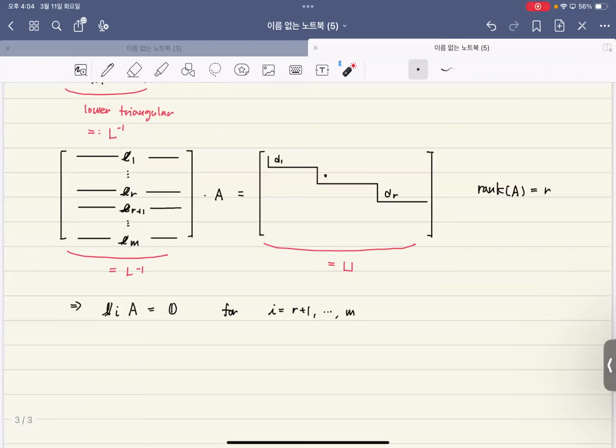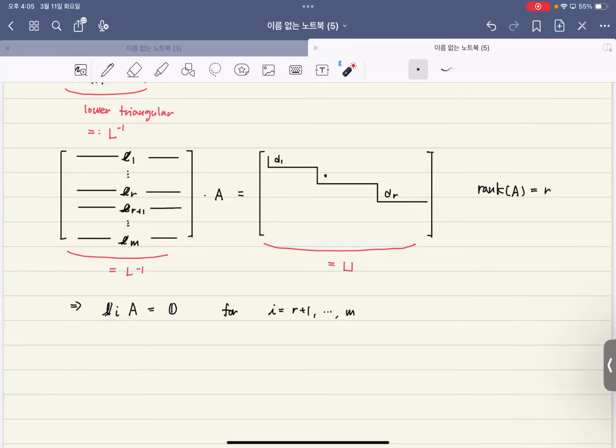Okay. So how many such equations do I have? I have precisely m minus r such equations. And each of these rows from r plus 1 to m are linearly independent. Why? Because this L inverse was chosen to be the lower triangular matrix, so these row vectors are all linearly independent.